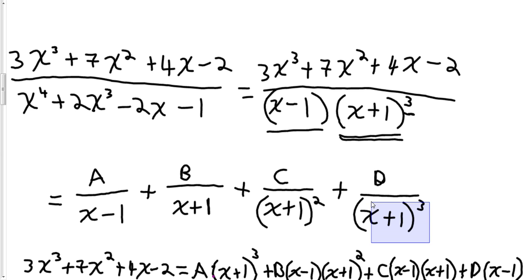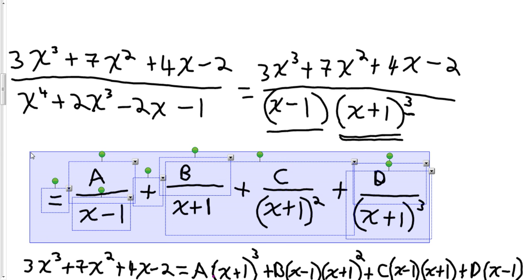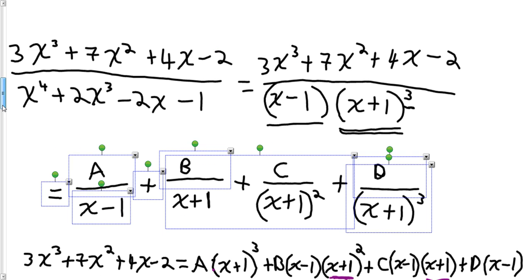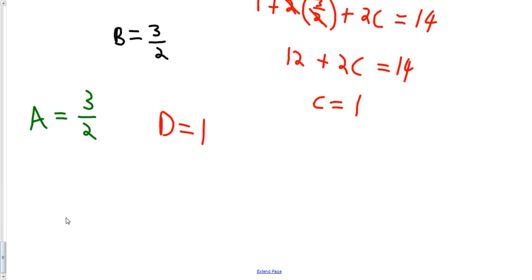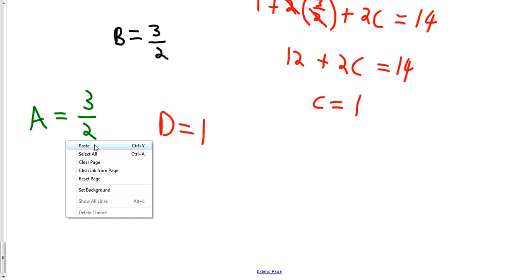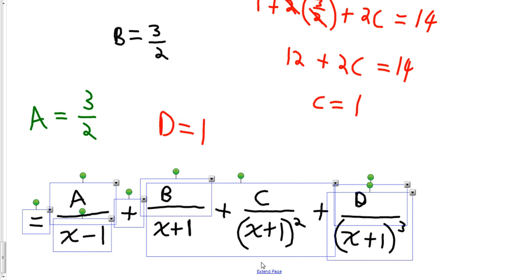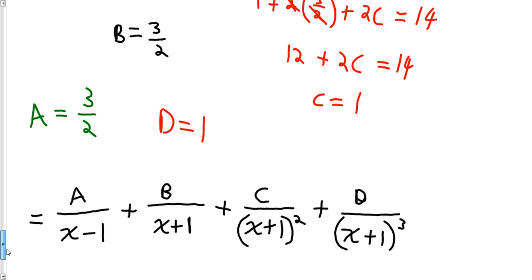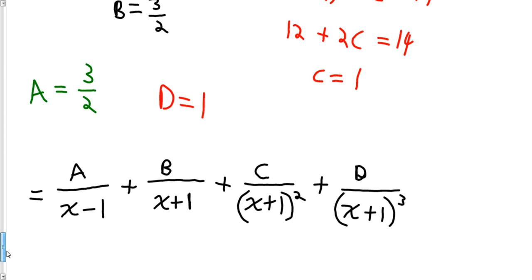So let's see. All right, so we have our values for A, B, C, and D. So this is the partial fraction decomposition of the original rational expression.